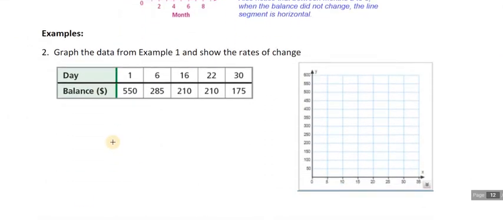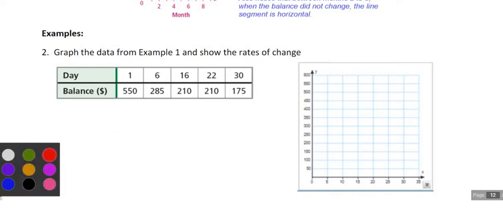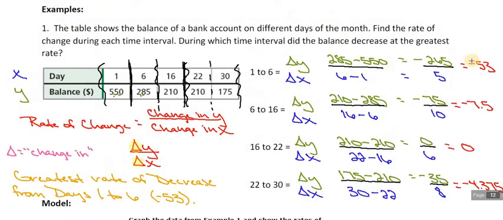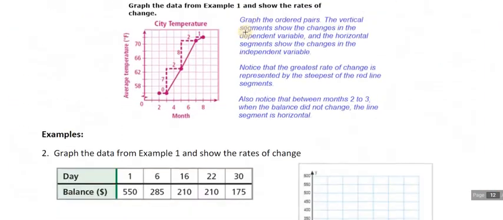So if we were to approximate, unfortunately that's all we can do based on the x-axis counting by 5s and y-axis counting by 50s, if we approximate each of these ordered pairs, we're going to be able to visually see the different rates of change for each time period.